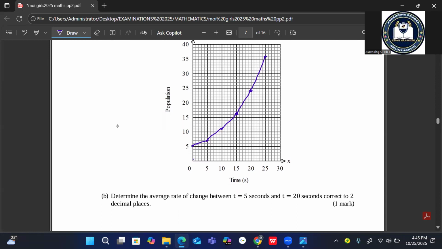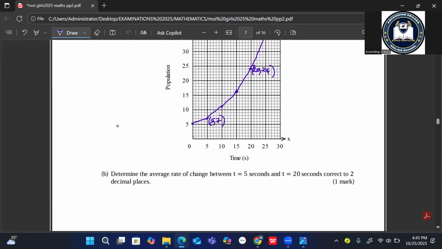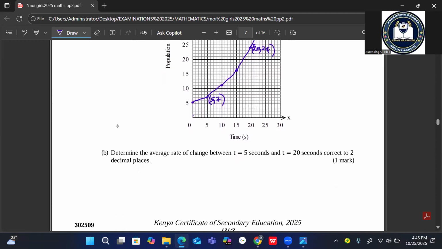So when t is 5, it is 5, 7. And when t is 20, it's 20, 24. With that, we simply find the gradient, change in y over change in x.